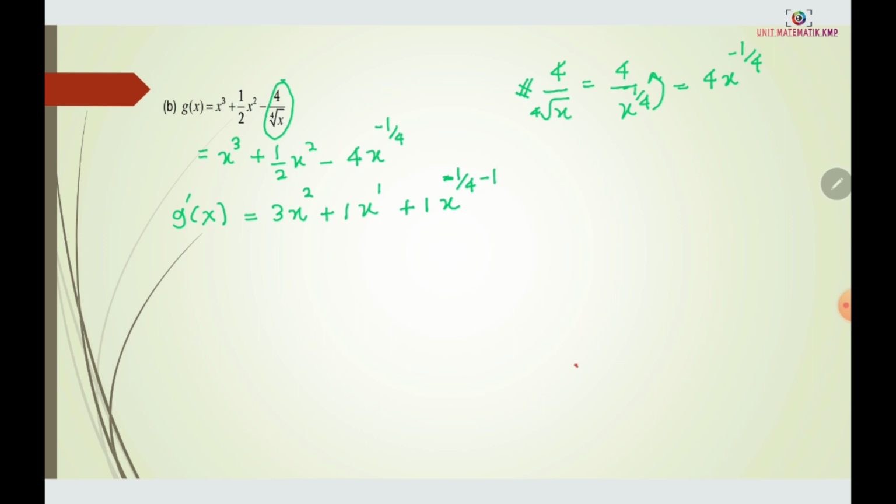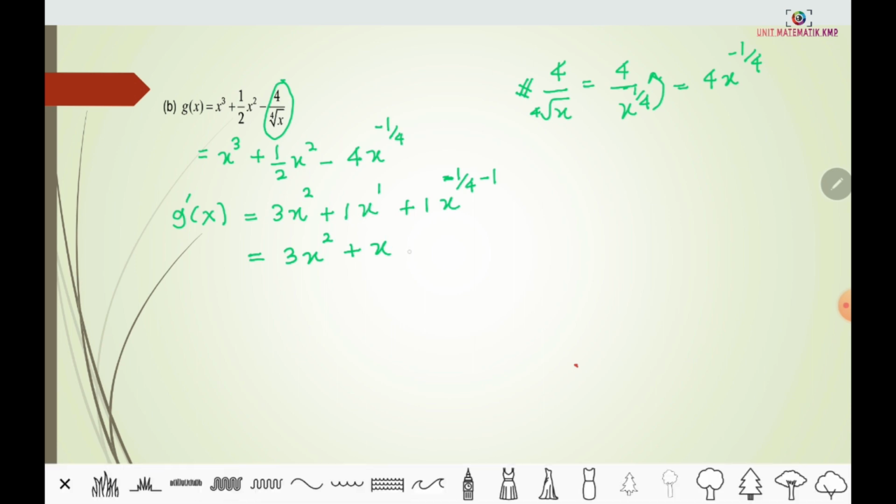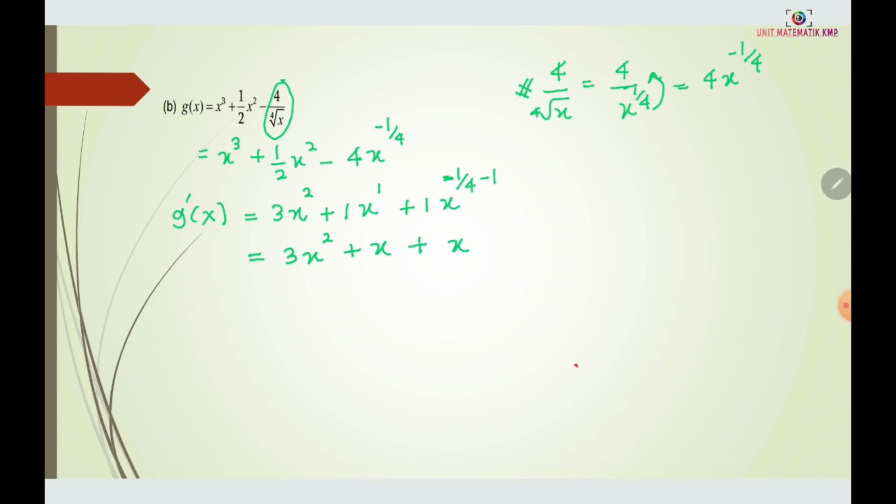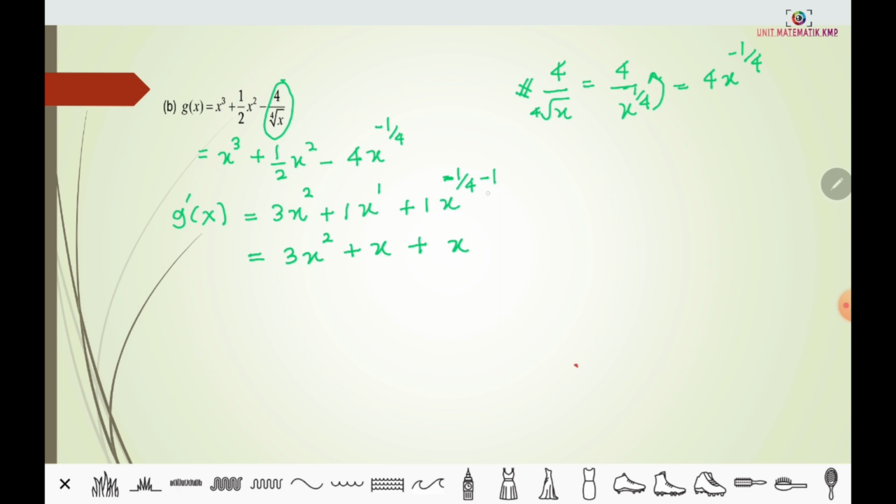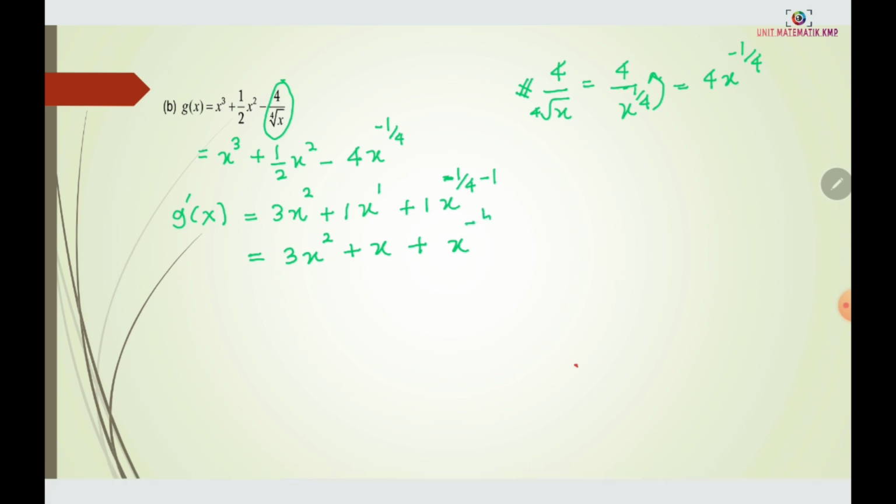It's actually 1 here is equal to 4 over 4 when we want to equate the denominator of the fraction. So negative 1 over 4 minus 4 over 4, so it becomes this. 1 multiplied with x does not change anything, and then x power of negative 1 over 4 minus 1, or negative 1 over 4 minus 4 over 4, becomes negative 5 over 4.